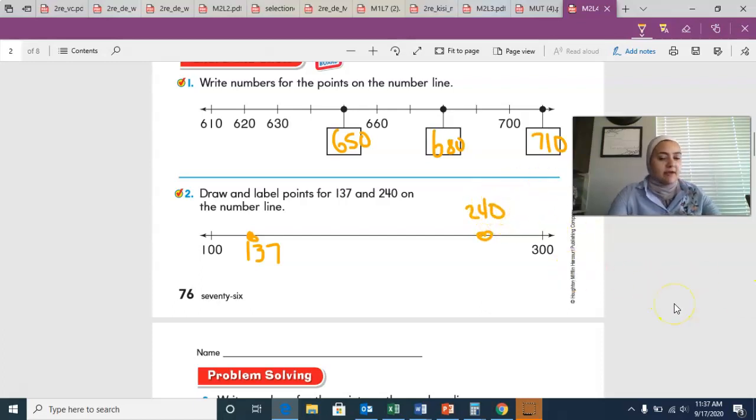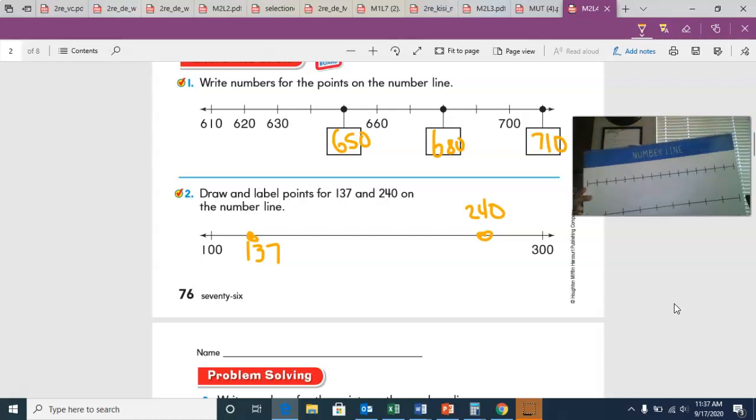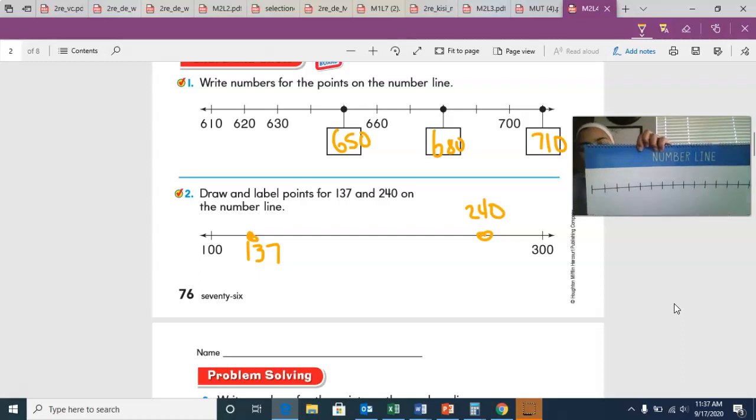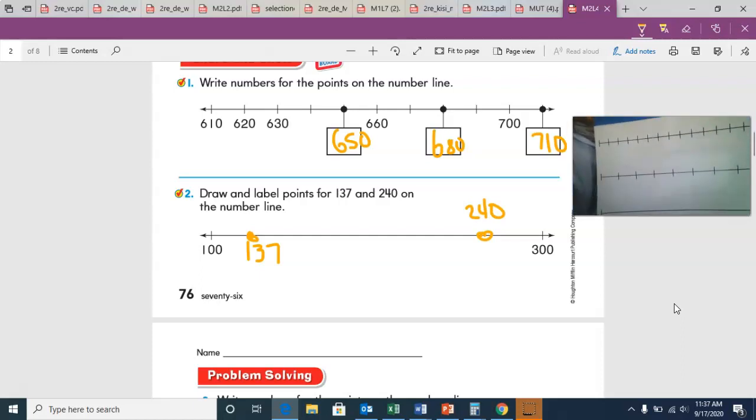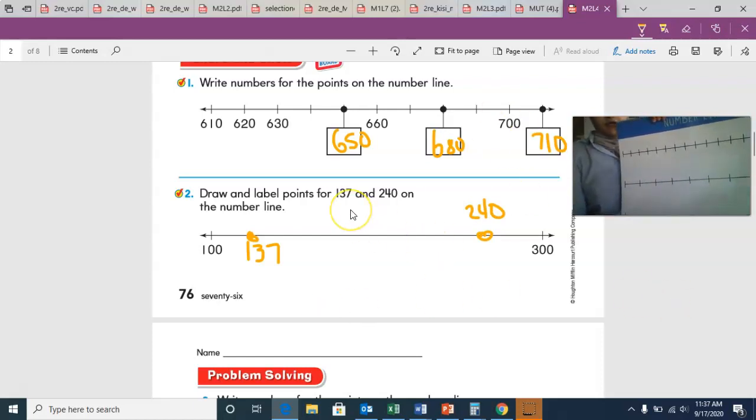Let me show you this on a real number line. So I have a real number line here with me that I can write on. And on this number line, I'm going to make it look very close to number 2. So number 2 says the first number on there is 100.